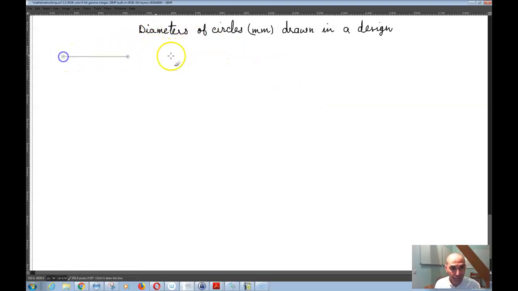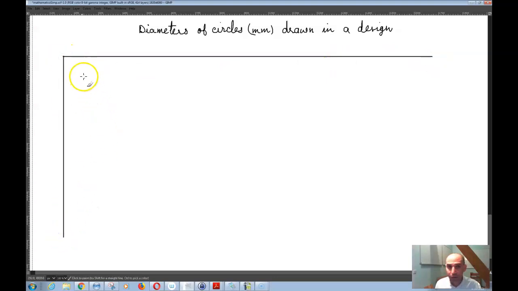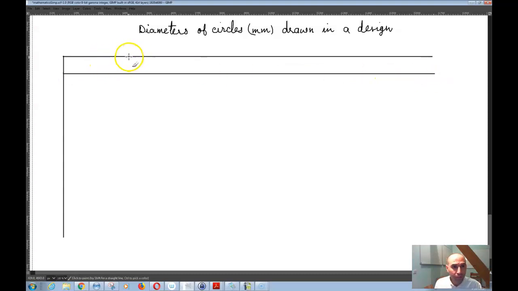So suppose that you have something like this. These are basically diameters, which will be your classes, and this is the number of circles.